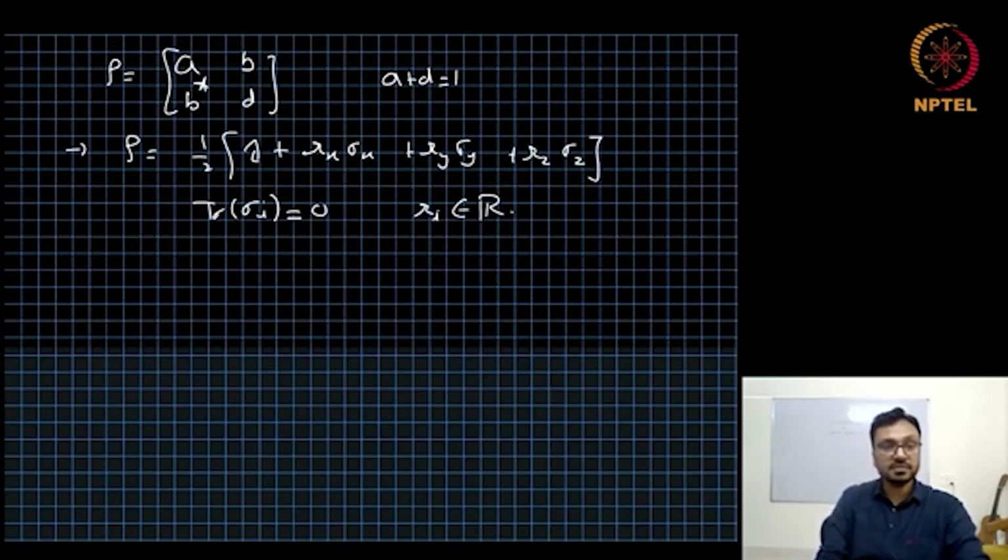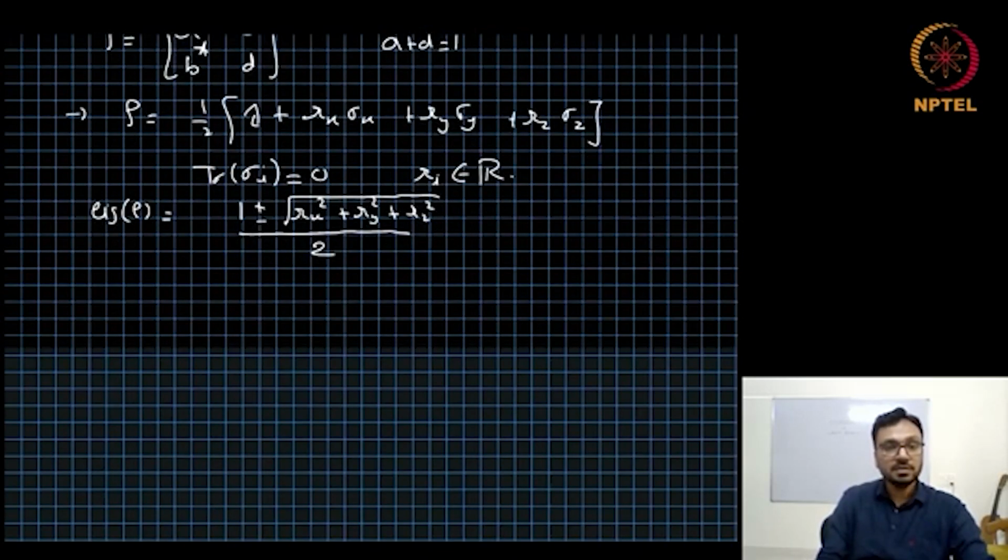Now the next task is to find the eigenvalues of rho, and it turns out that they are 1 plus or minus the square root of Rx square plus Ry square plus Rz square, over 2. So there are two eigenvalues, one smaller, one larger, and they both should be positive. The smaller one is more likely to be negative than the bigger one. So the smaller one, 1 minus the square root of Rx square plus Ry square plus Rz square, over 2, should be a positive number.